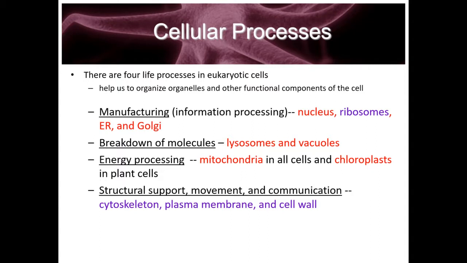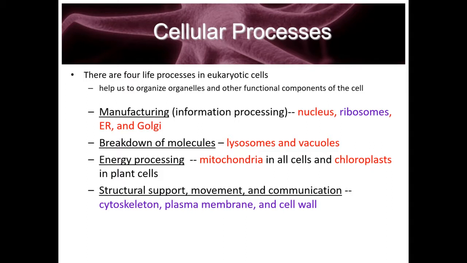And then what do the chloroplasts do? Photosynthesis. That's exactly right. So those are both energy processing parts that a cell has to do. And then the last category is structural support. So giving the cell structure. Movement, and so this is kind of two kinds of movement.